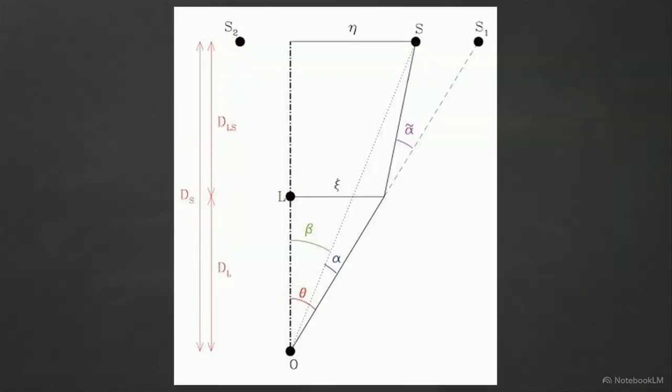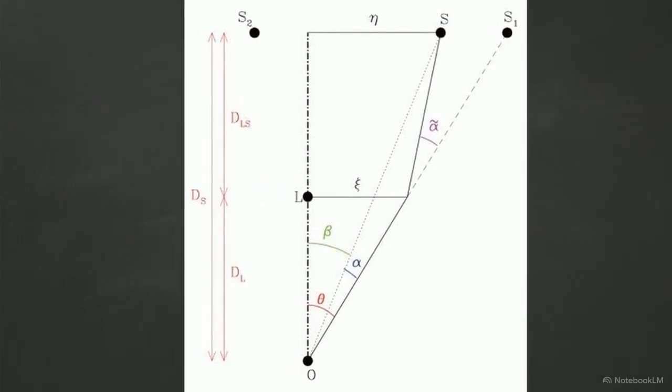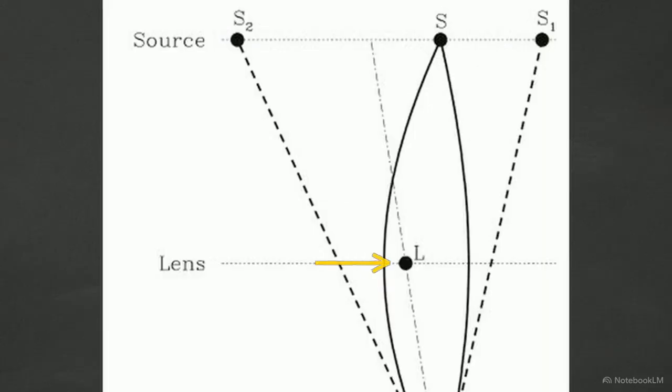This diagram illustrates the lens equation, mapping the geometric relationship between the observer, the lens, and the source star. The total angular scale is dictated by the distances between the planes: observer to lens, observer to source, and lens to source. Because the lens's mass curves spacetime, light rays traveling from the source follow null geodesics.